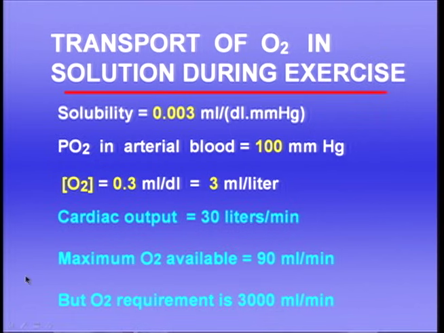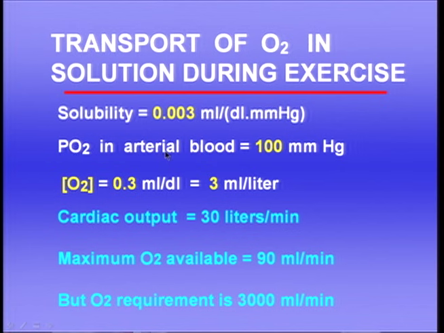Now you may say, well, why can't we use oxygen in physical solution in the body to provide the required amount of oxygen to the periphery? And a simple calculation will tell us that that's impossible. Let's look at it this way. The solubility of oxygen, we said, was 0.003 mils per deciliter per millimeter of mercury.